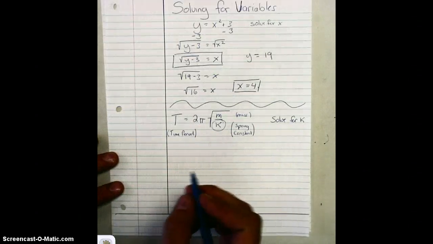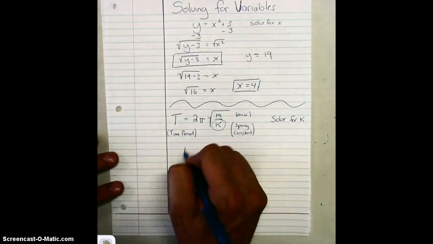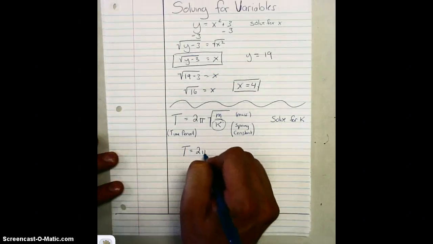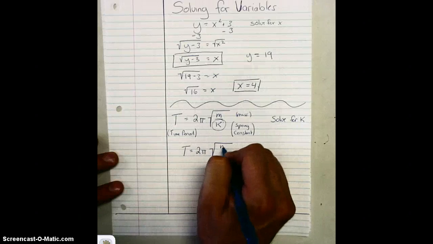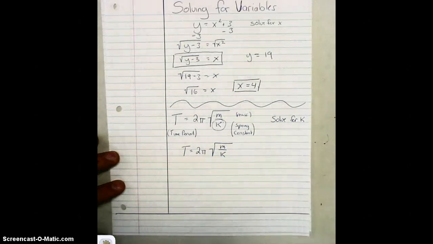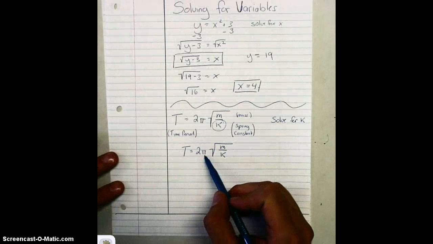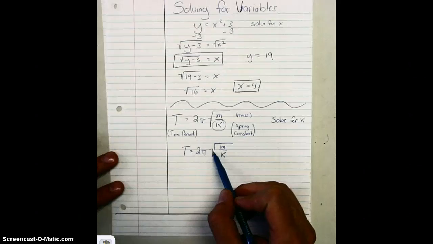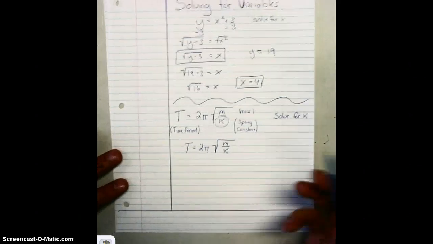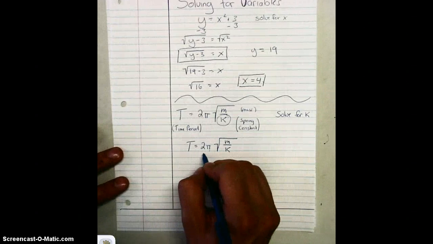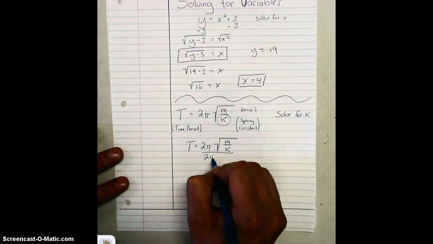So let's solve for k using our basic algebra skills. I'm going to rewrite it down here because it's a little messy up there. In solving for k, we need to get k by itself. That means we need to get rid of the 2 pi, the square root, and the mass. To get rid of 2 pi, we divide both sides by 2 pi.